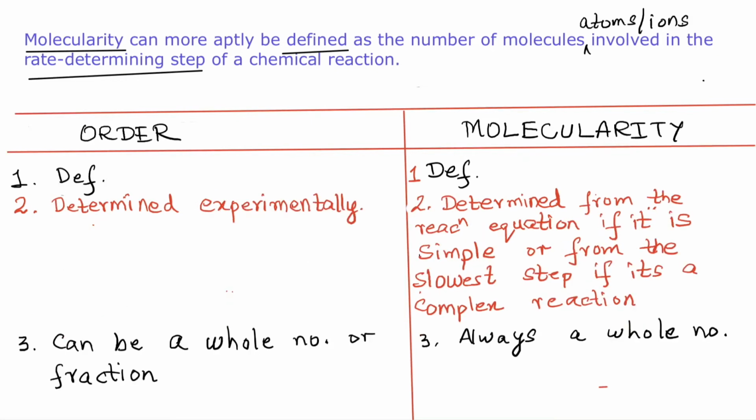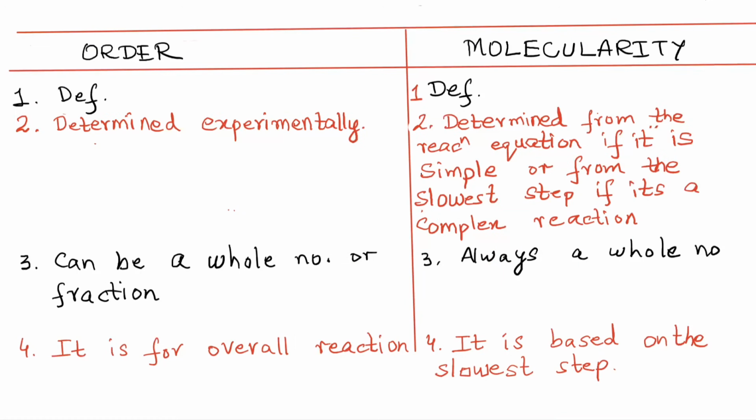So what I've done over here is I have jotted down the points elaborately for you all, except for the definitions. I would want you to write the definitions yourself, please. That will be a good revision as well for you. So 3 points, and then we go on to the fourth point. Order is for the overall reaction, whereas molecularity is based on the slowest step.